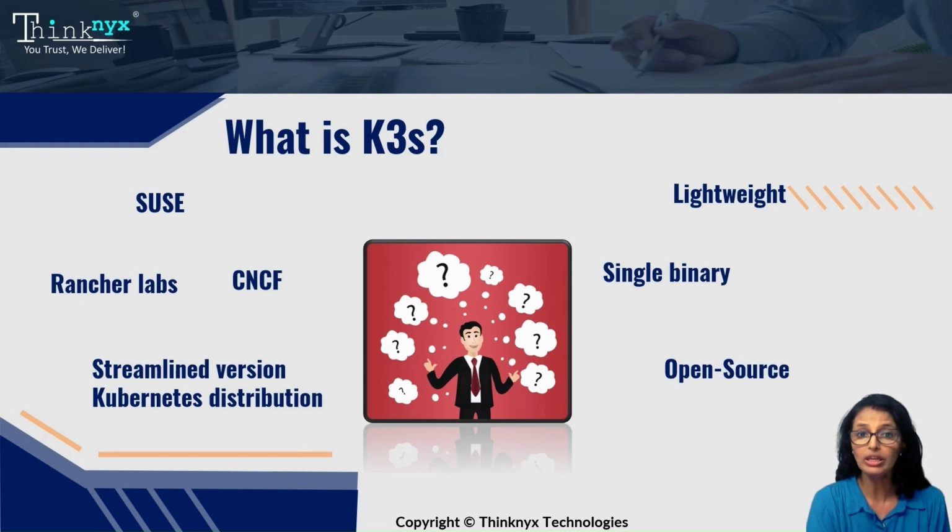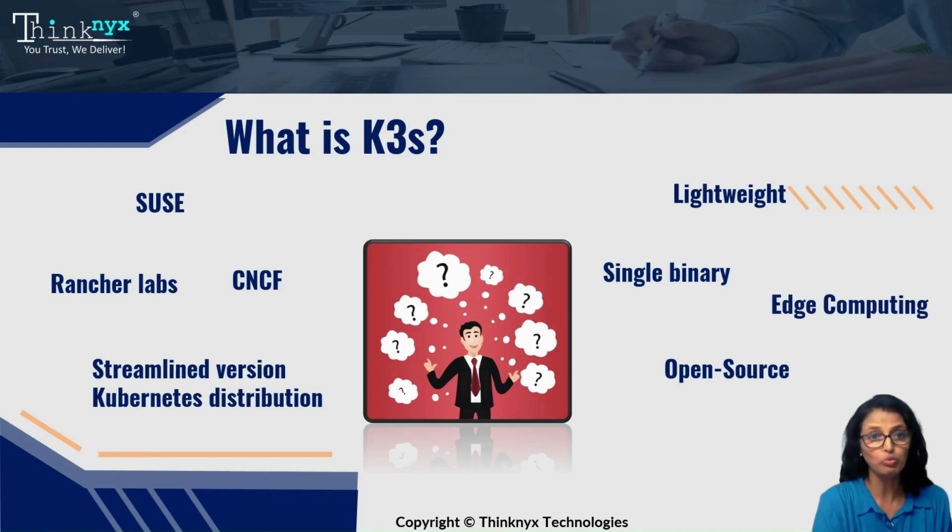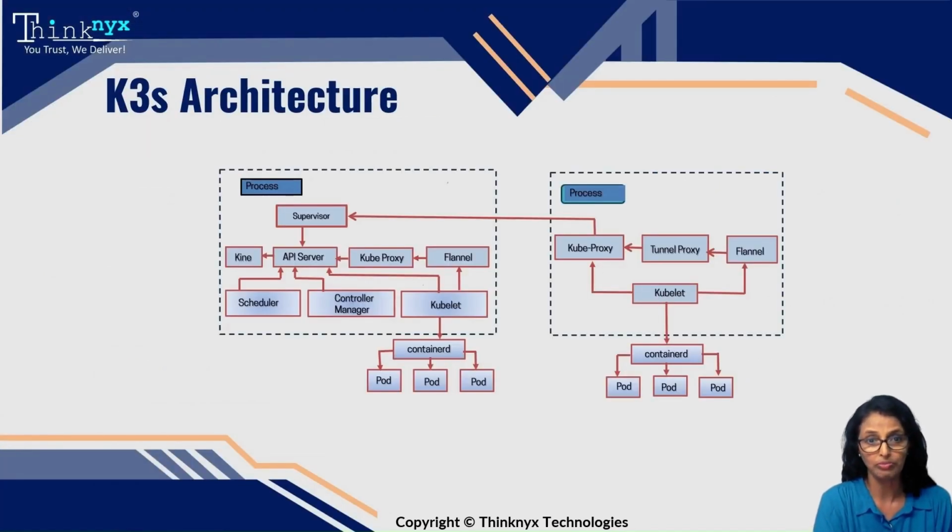K3s is a fully open source Kubernetes distribution which is absolutely production ready. It is a very small binary sized K8s distribution for dev and prod like environments, which requires very low resources. In fact, K3s is highly suitable for edge computing. Let's move to K3s architecture.